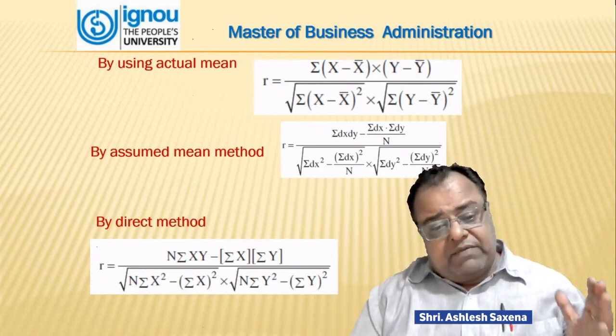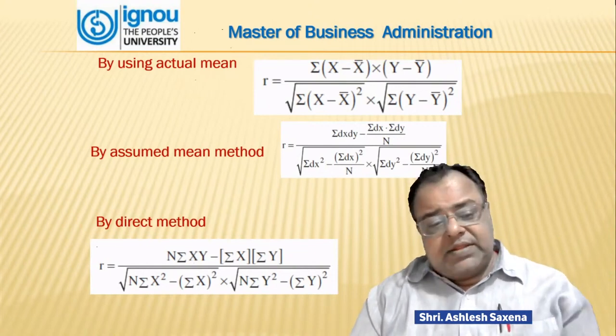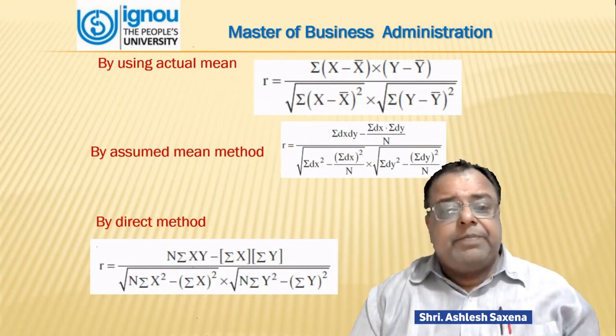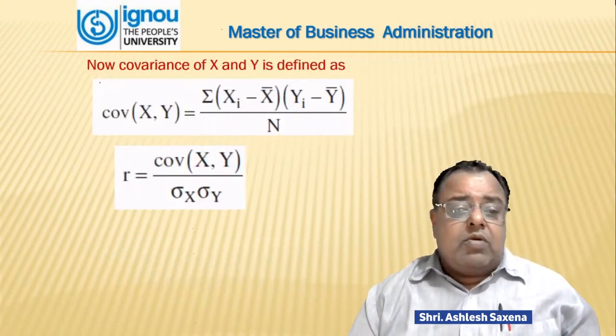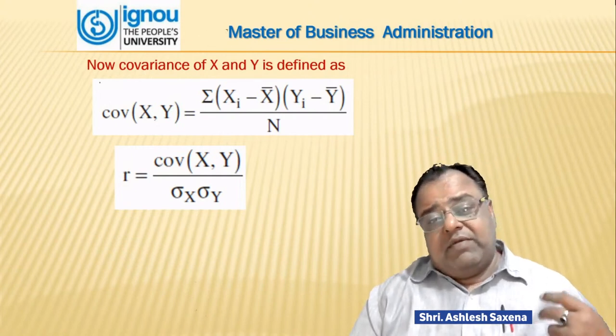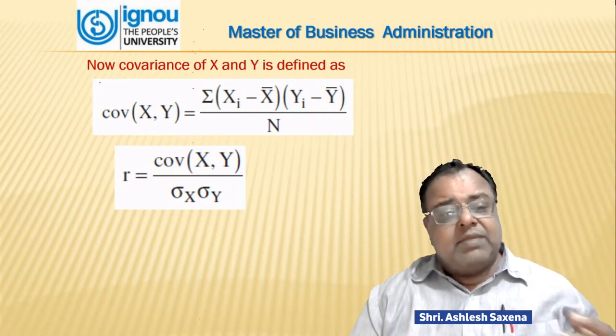If we want to use the direct method, then we simply apply the standard formula, which is over here. Now, if covariance is given in the problem, or the information is in terms of covariance, then we have to use this one.